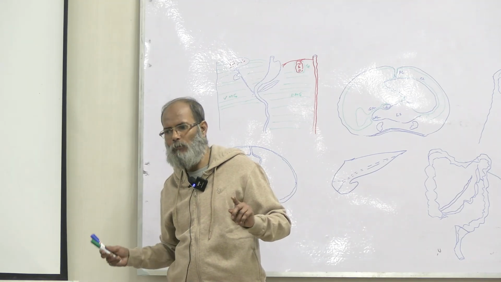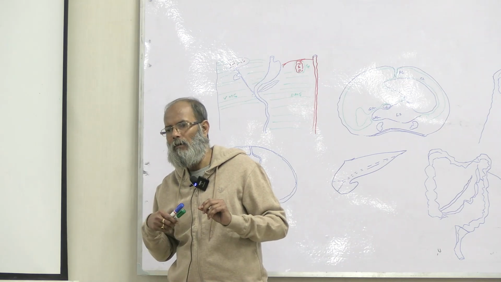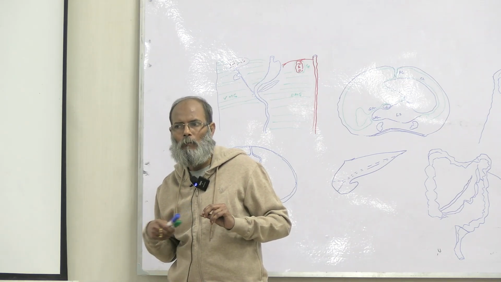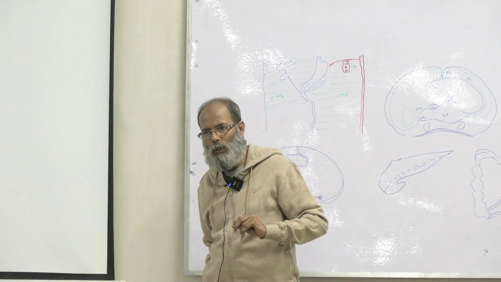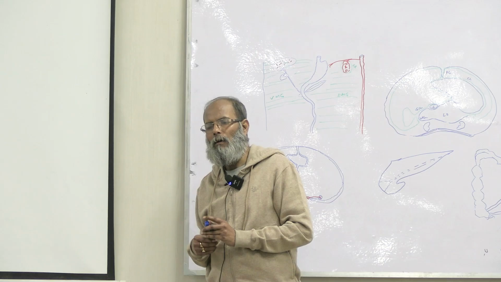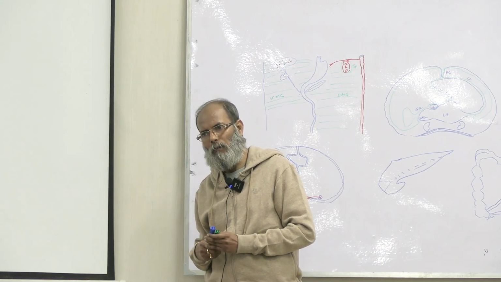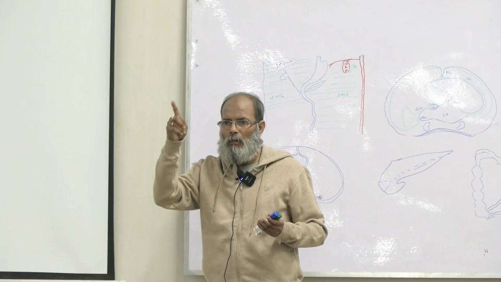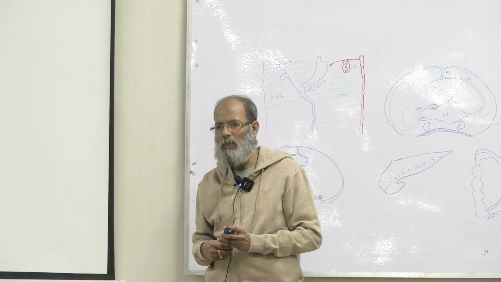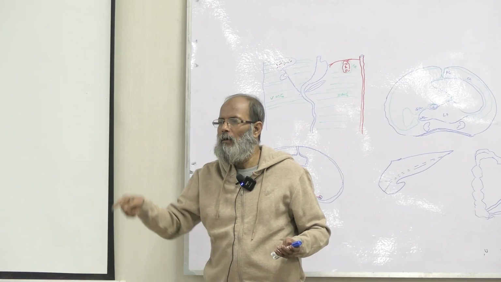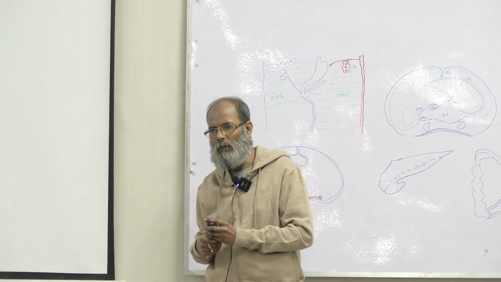So mesentery is a 20 feet long fan-shaped organ peritoneally covering the ileum and jejunum up to the duodenojejunal flexure. Got my point? From the ileocecal junction to the duodenojejunal flexure. This is the extension of the mesentery, and this gives rise to the fan-shaped extension covering the small gut.